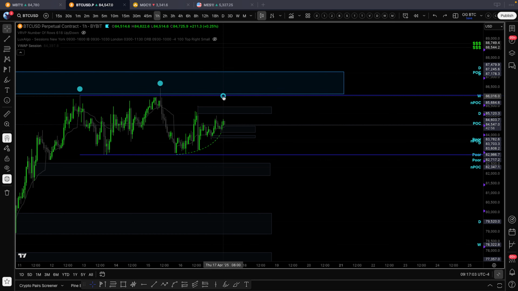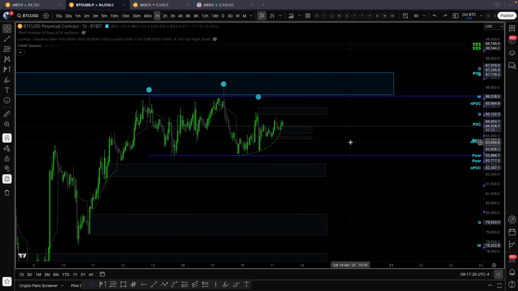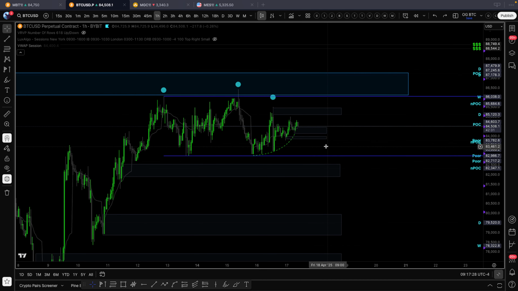And it could create a tap two higher, taking out this liquidity, faking everyone out, and then it'll come down to the downside. However, it can still come back up here, SFP this high into the same order block and create a Model 1. So I'm keeping my eye out for those two scenarios.